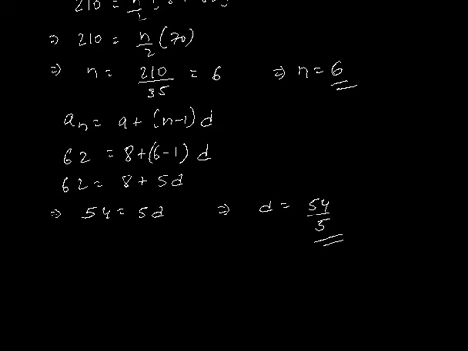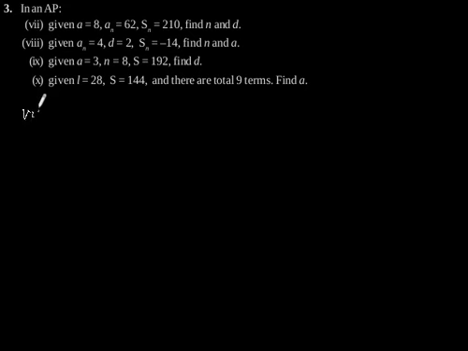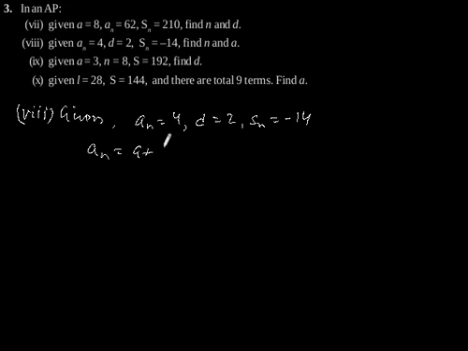Now the eighth part. Eighth, given is an is equal to 4, d is equal to 2, Sn is equal to minus 14, and we need to find out n and a. Now as we know, an is equal to a plus n minus 1 into d.